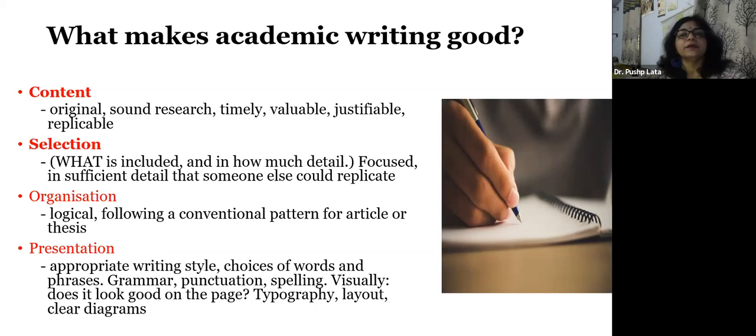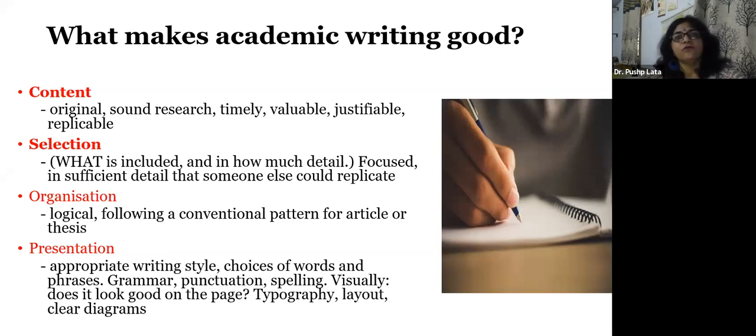Grammatically, it should be correct. Whatever punctuation marks you are using should help in making sense of whatever you are writing. If you wrongly put the punctuation marks, instead of making sense, there is a possibility it may mar the sense you wanted to convey. So it becomes really important.